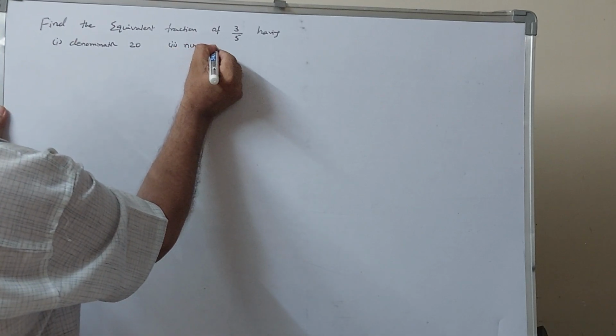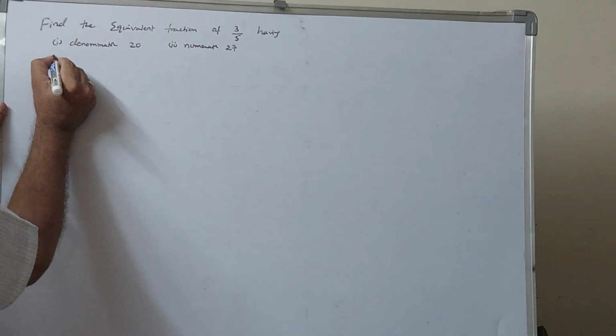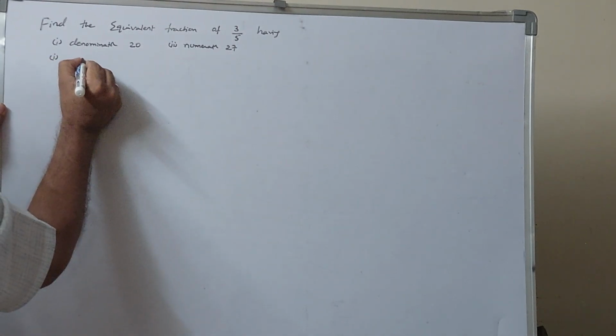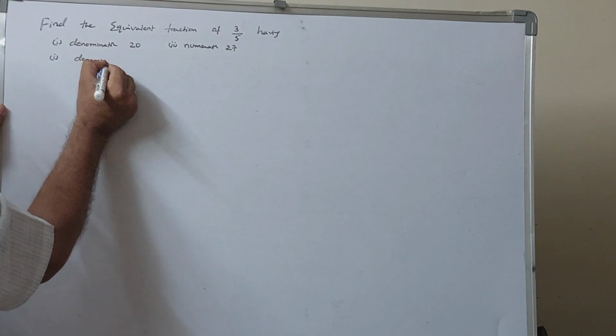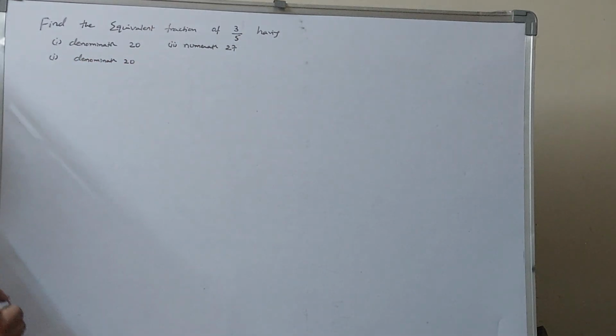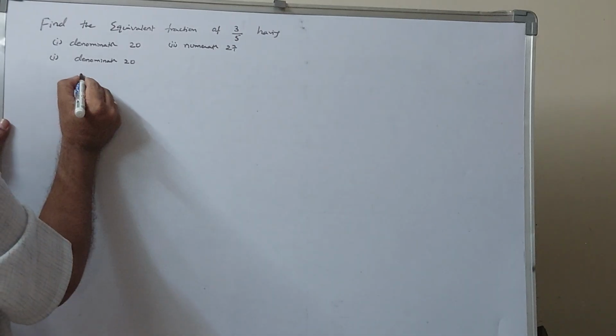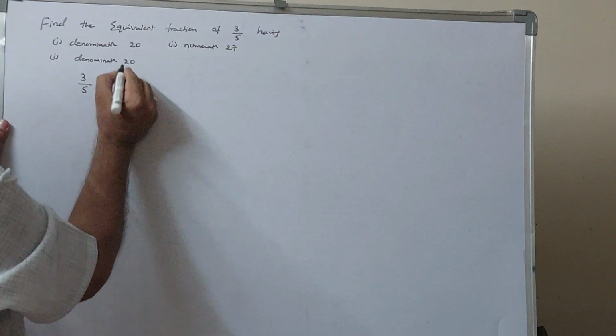First one is denominator 20. So you see here, 3 by 5, equivalent fraction as the denominator is 20.